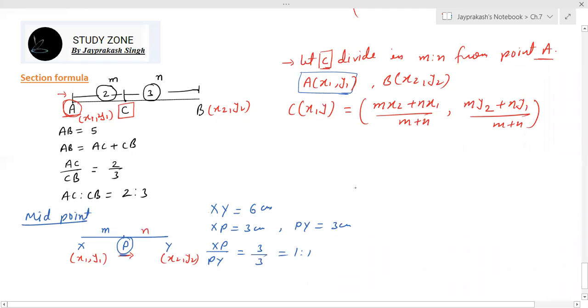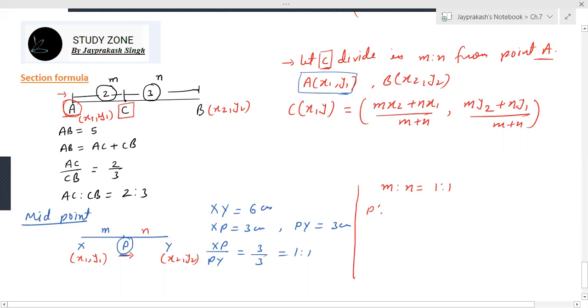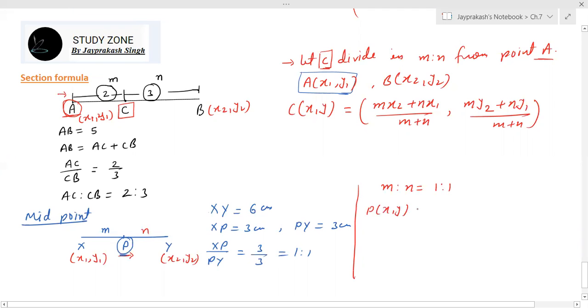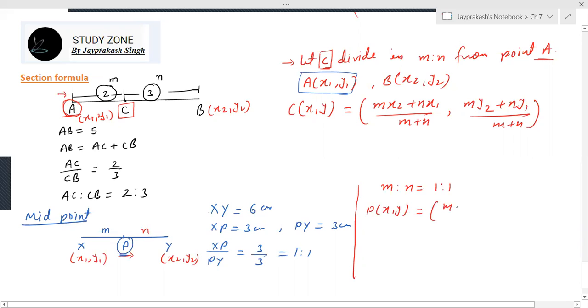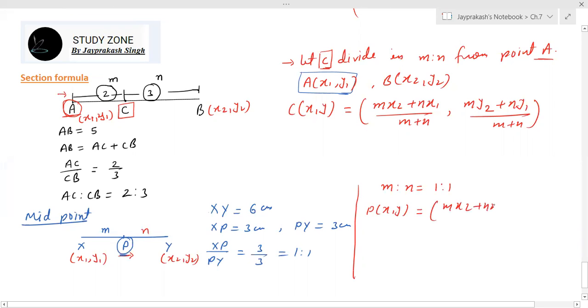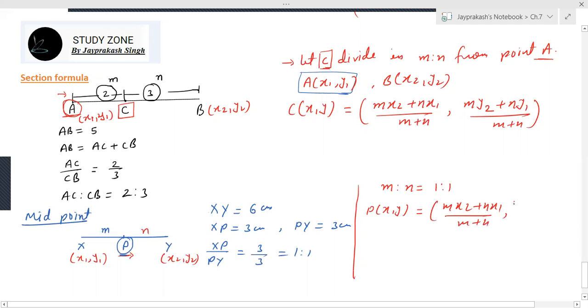This is n. So can I write here m is to n is equal to 1:1. So what coordinate will I get for P by the section formula: mx2 plus nx1 upon m plus n, comma my2 plus ny1 upon m plus n.